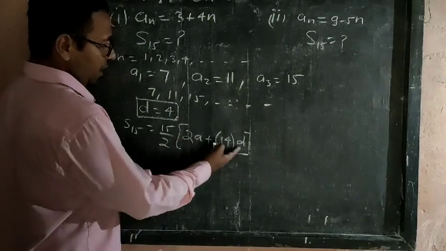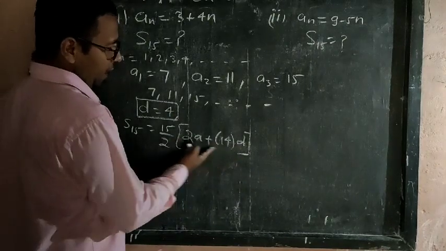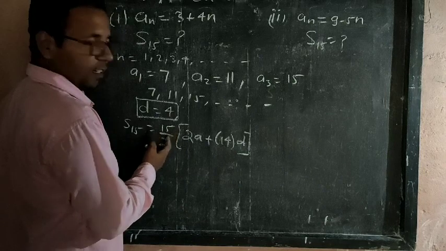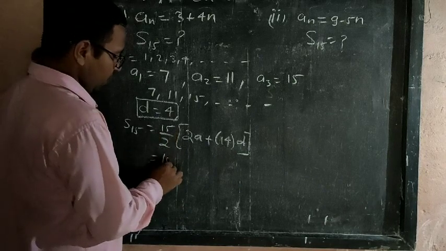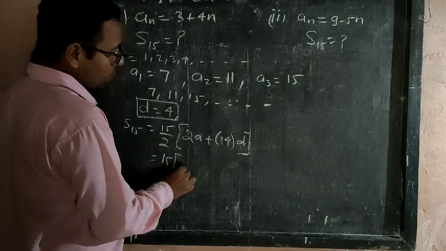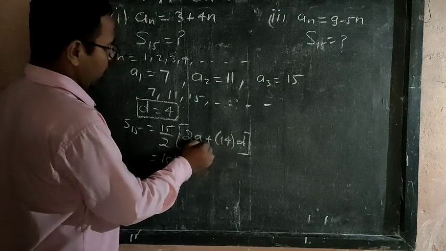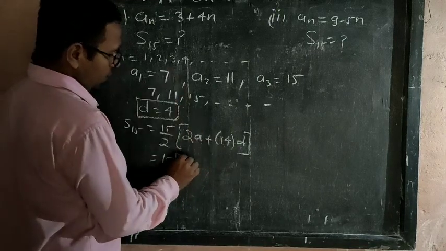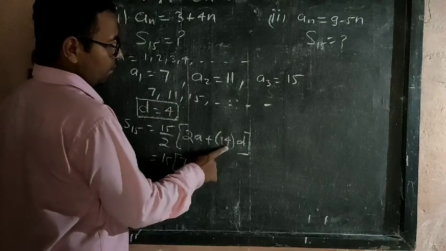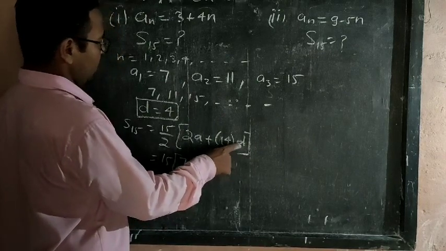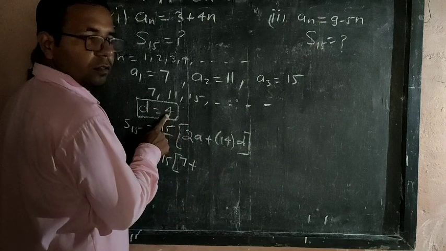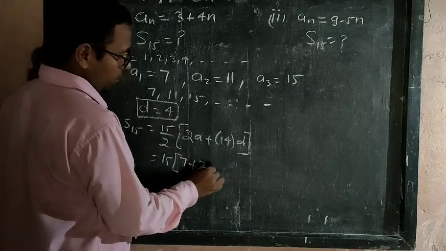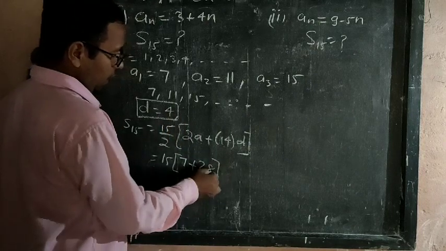So you may take 2 common from this side, so that the 2 in the numerator and denominator can be cancelled. You will get 15 into a plus 7d. The a value is 7. So 7 plus 7 into d, 7 into 4, 28, and just add this.